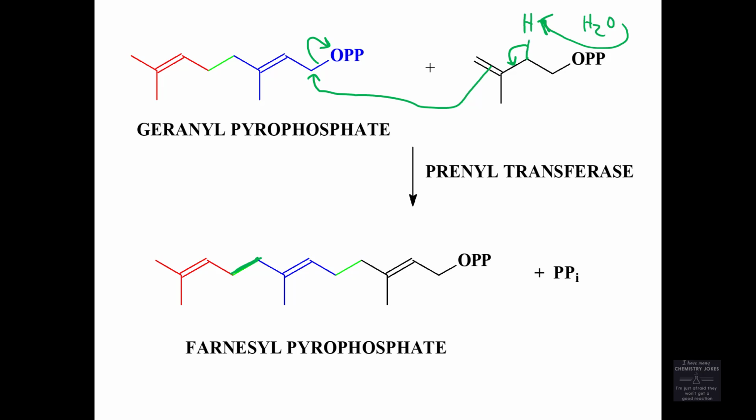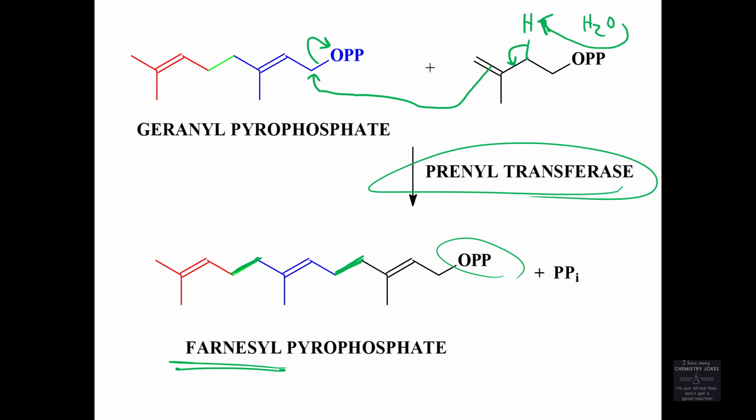This was the new pi bond that got made in my last little reaction, my new sigma bond, my bad. This is my new sigma bond that got created in this new reaction. We use the same enzyme to do both of those reactions, but we've now got pyrophosphate, OPP, a good leaving group.